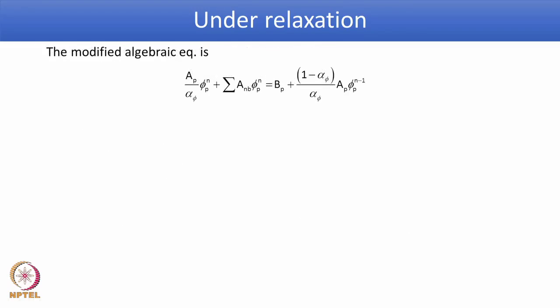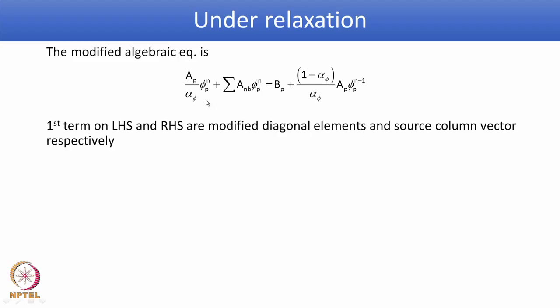Now, if you employ that under relaxation procedure in the linear system of equations, they get rewritten in the form shown here, including the relaxation factor. In programming it is easy. All that you have to do is specify alpha at the beginning of the calculation, then the values are adjusted according to the expression shown here. The first term on the left side and the term on the right side are modified diagonal elements and source vector respectively.